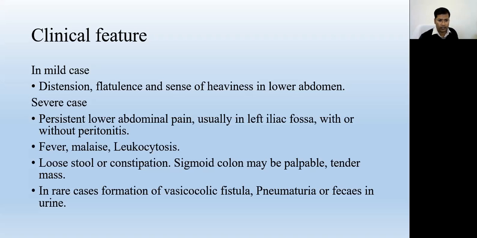In rare cases, there is formation of a vesicocolic fistula, with pneumaturia or feces in the urine, because the nearby structure to the sigmoid colon is the urinary bladder. So if any diverticula gets adhered to the wall of the urinary bladder and ruptures, and fistula formation occurs from the sigmoid colon to the bladder, that is called a vesicocolic fistula.